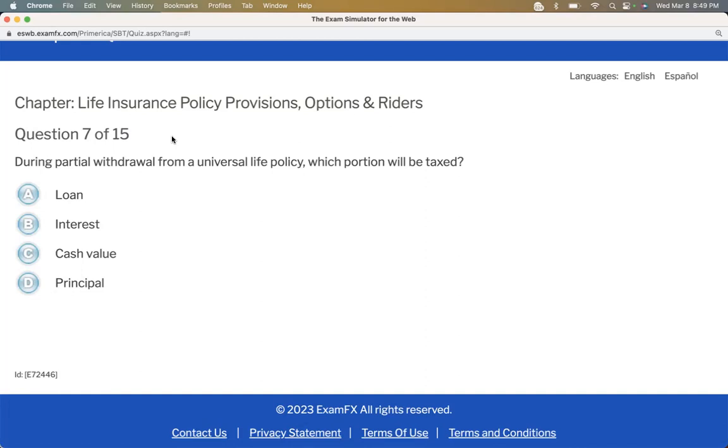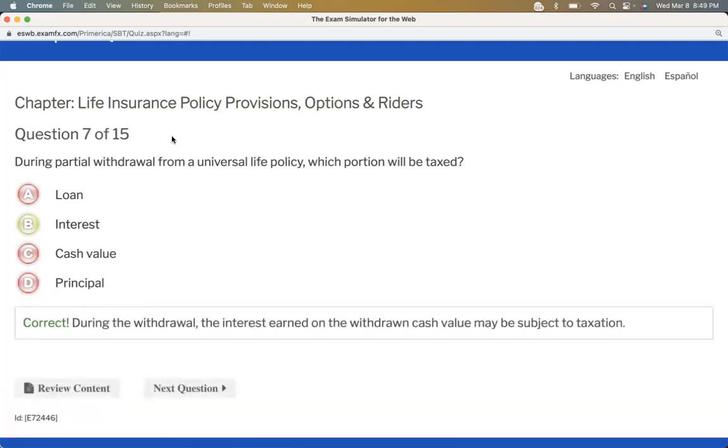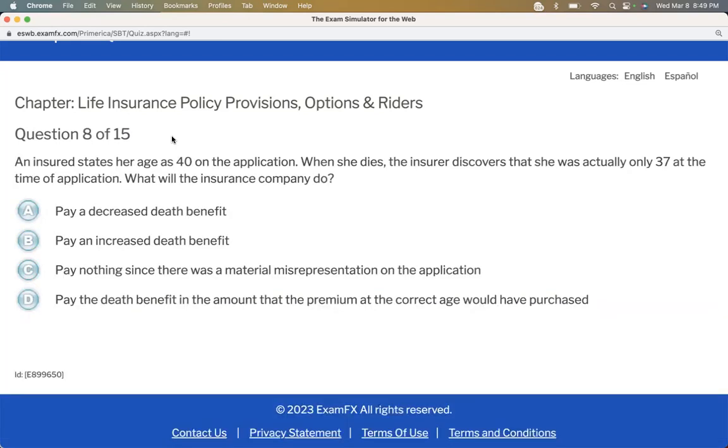During partial withdrawal from a universal life policy, which portion will be taxed? Partial withdrawal. If you take out interest, you're going to have to pay taxes on the interest, not the principal, because the principal is your money. Make sense? Yes. An insured states her age as 40 on the application.